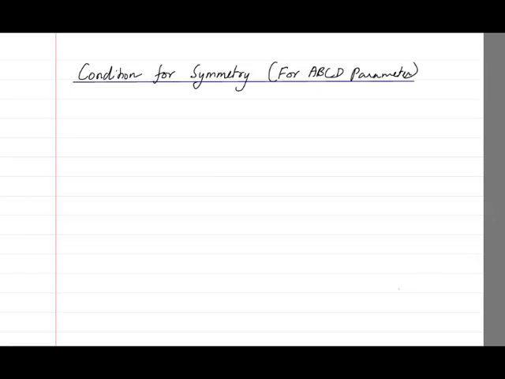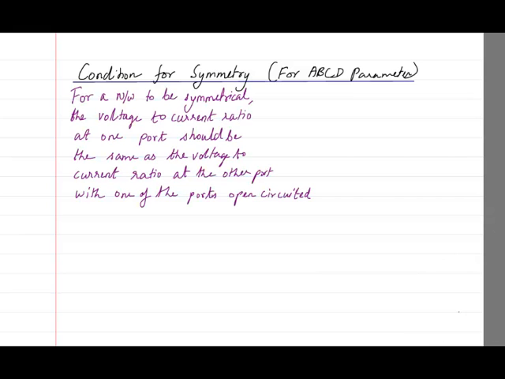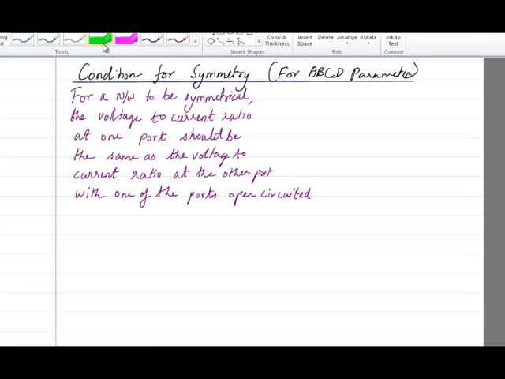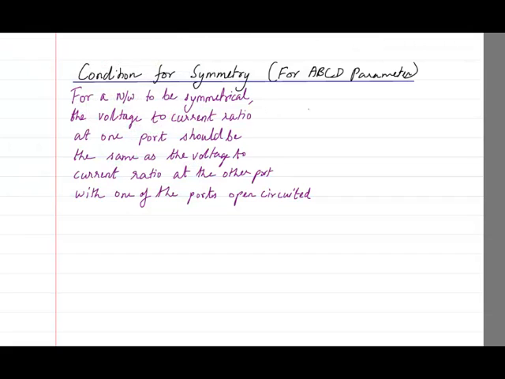Next, we have to look for the condition of symmetry. The condition of symmetry says for a network to be symmetrical, the voltage to current ratio at one port should be the same as the voltage to current ratio at the other port, with one of the ports open circuited. We have written this for the other cases also, admittance and impedance.